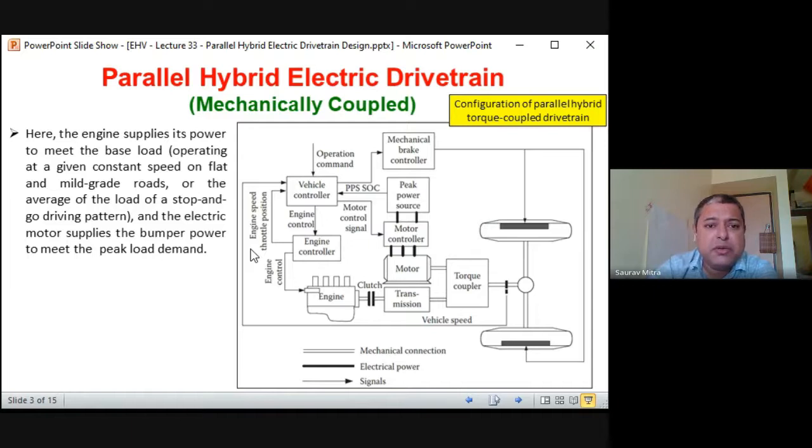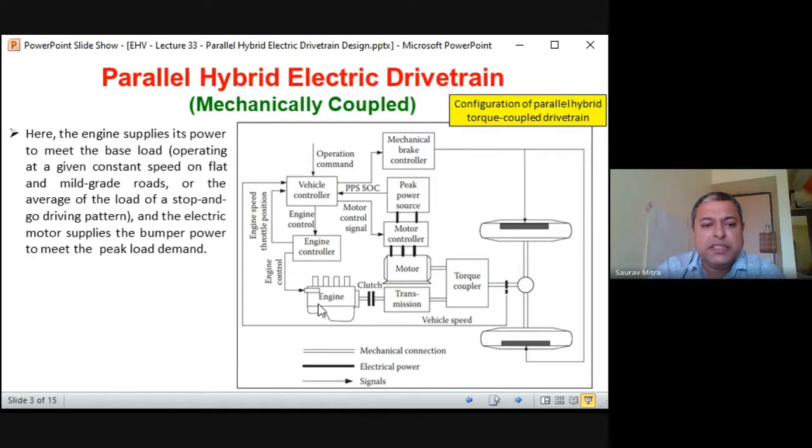Let me first tell you again what is meant by parallel hybrid electric drivetrain. Here you will find that there are two paths of mechanical power, because the parallel hybrid electric drivetrain is called a mechanically coupled drivetrain. Only mechanical energy is given to the final drive element.